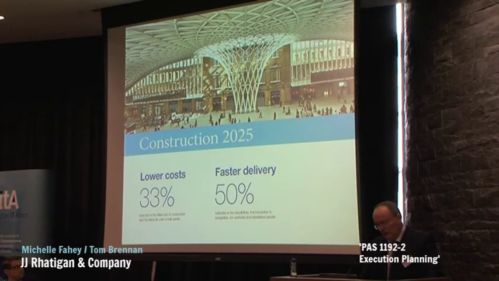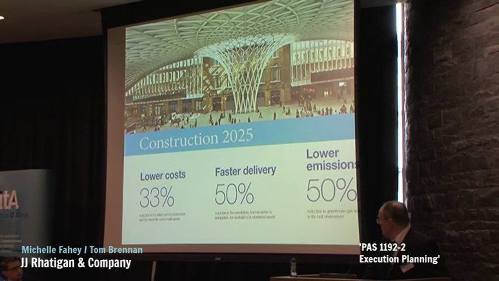A target that we implement in our BEPs is faster delivery. Now the 50% here deals with the initial concept right the way through design development and the construction phase. And also a target we implement which ties in with our sustainability, LEED and BREEAM parameters is a target for lower emissions, a reduction in greenhouse gas emissions by 50%.